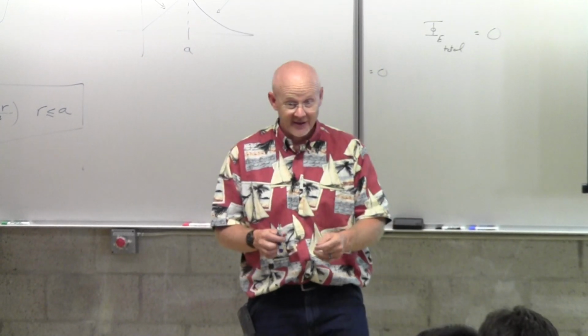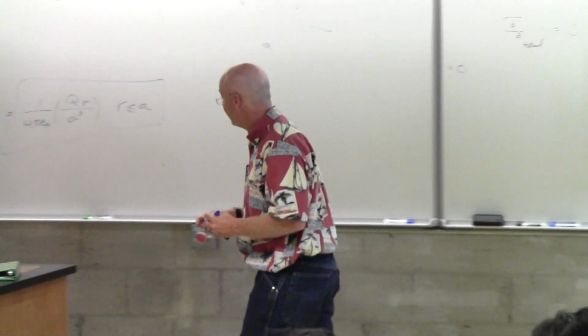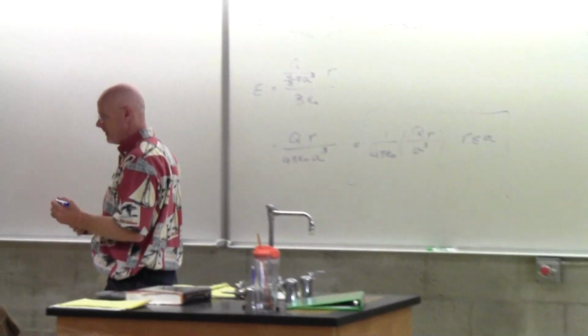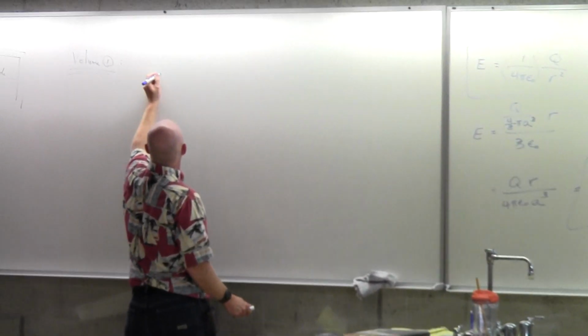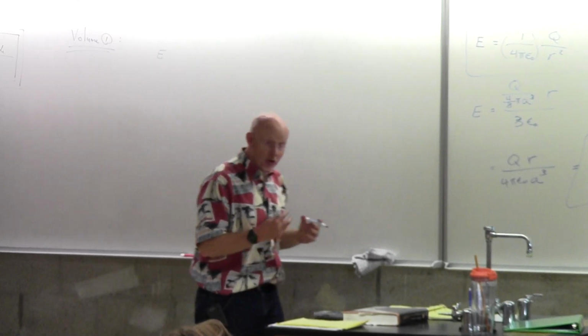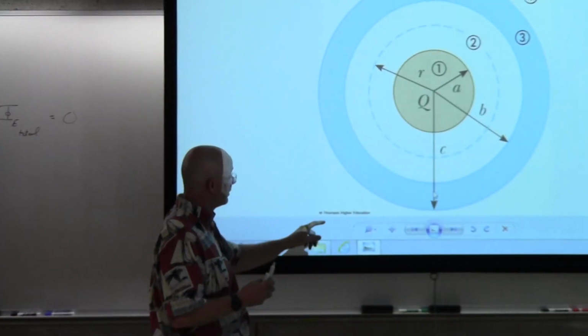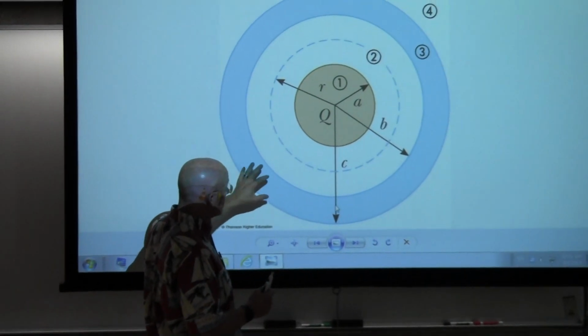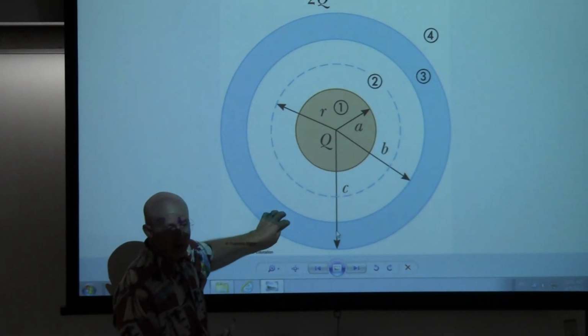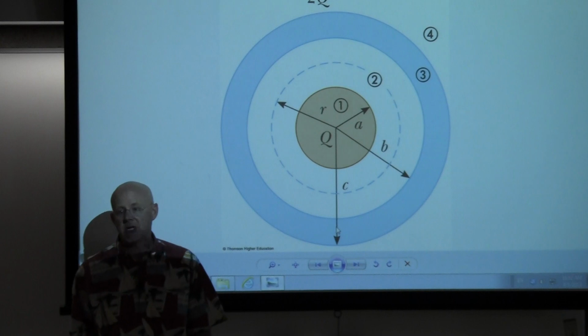Question? So if we had a single charge except for the ring around it, you couldn't use the same formula? Well, if I had a single charge instead of a ball, you mean? For the blue part around it. Oh, instead of, if I just had a single charge right here? Oh yeah, then I wouldn't even be able to use Gauss's law.